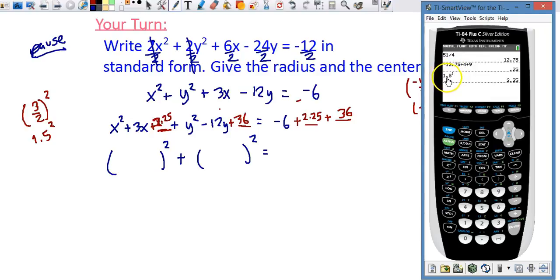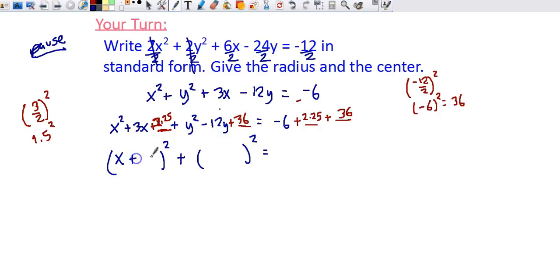All right, 1.5 plus 1.5 is 3. 1.5 times 1.5 is 2.25. And since it was all positive, it's going to be positive for that one. This one's a little easier because what number multiplies to 36 by itself and adds to negative 12? Well, it's going to be minus 6.